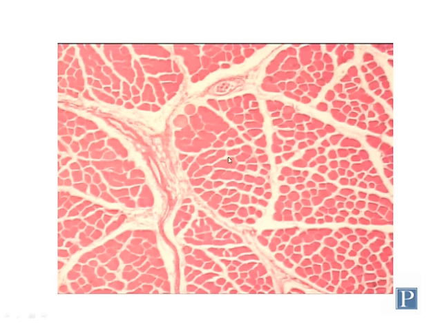This is a cross-section through some skeletal muscle, and skeletal muscle is arranged in bundles in a very similar way that nerves are arranged in the peripheral nervous system. So much like how axons are arranged in fascicles within a nerve, skeletal muscle is also arranged within fascicles.